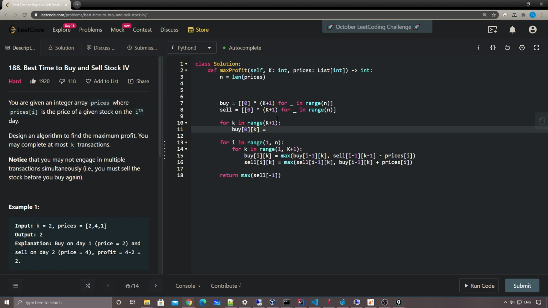If we buy at the first day, the profit is of course zero, well, basically we're spending that amount of money.